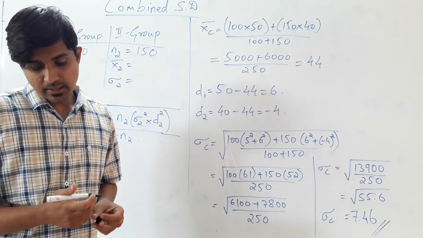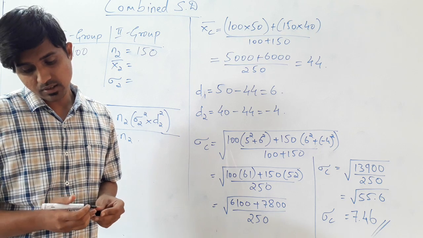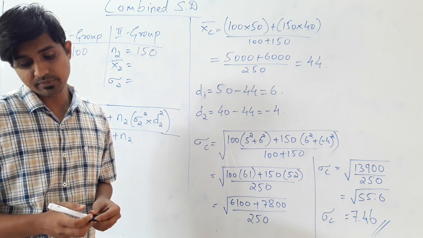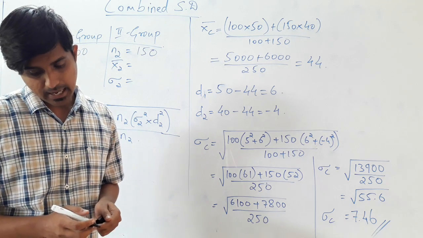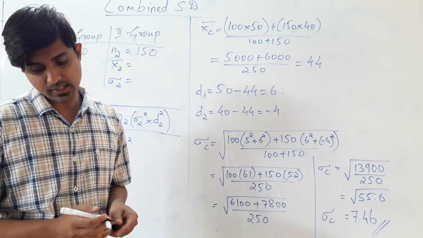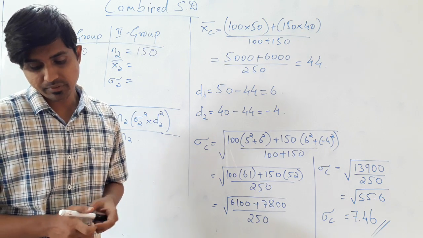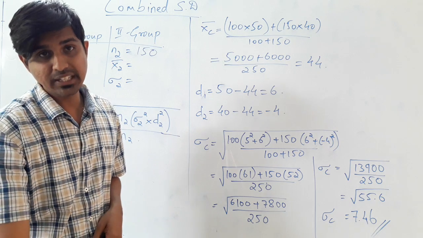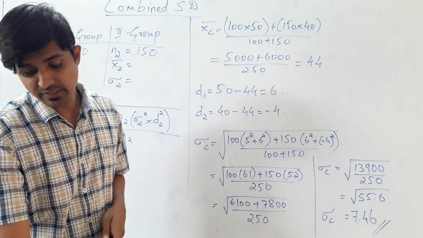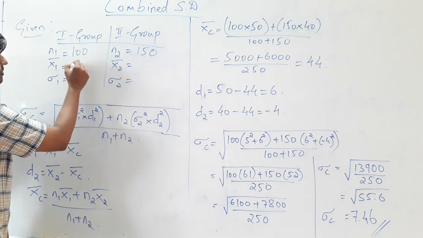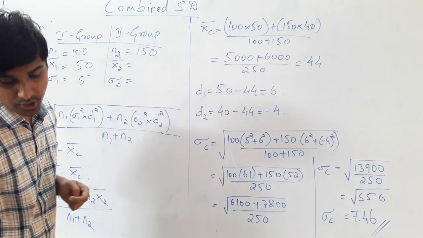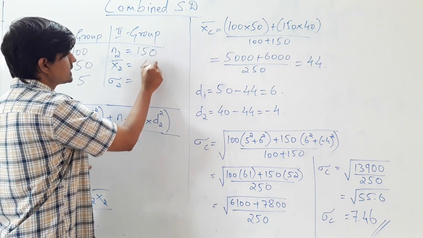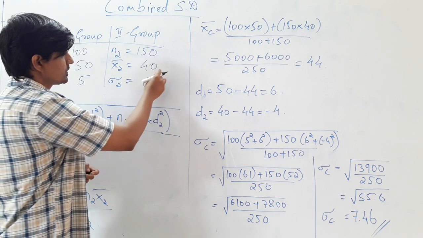I'll read once again. The mean and standard deviation of a distribution of 100 and 150 items are 50, 5 and 40, 6 respectively. Now what is 50, 5? 50 is mean, 5 is standard deviation. 40 is mean, 6 is standard deviation.